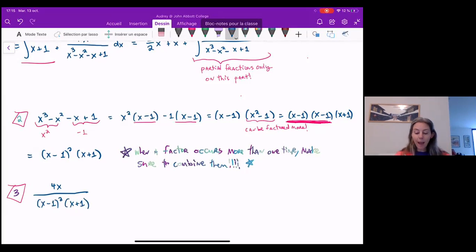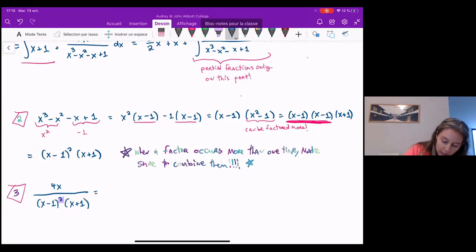Now, the thing that makes this case 2 is the fact that that x minus 1 occurs 2 times, not just 1 time. And what that means is that it gets 2 fractions all to itself. So we saw this when we first introduced partial fractions. Our case 2, we deal with it by making sure that every possible denominator occurs.